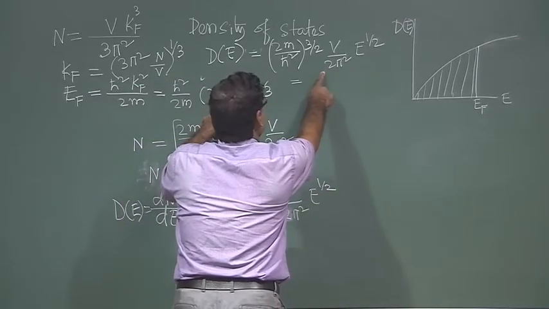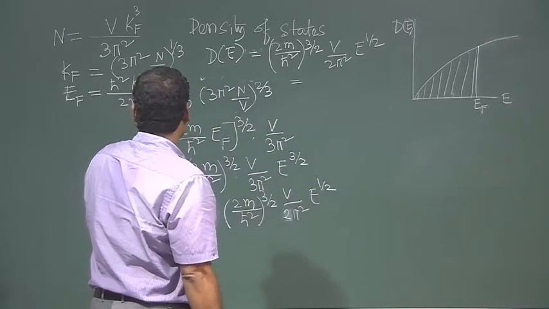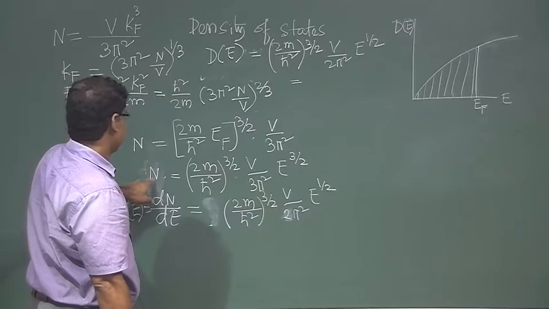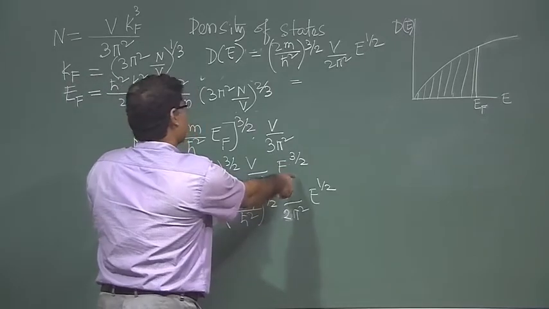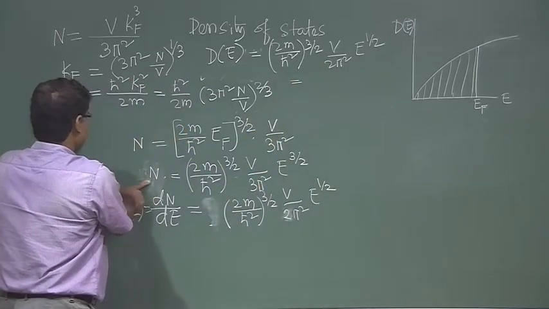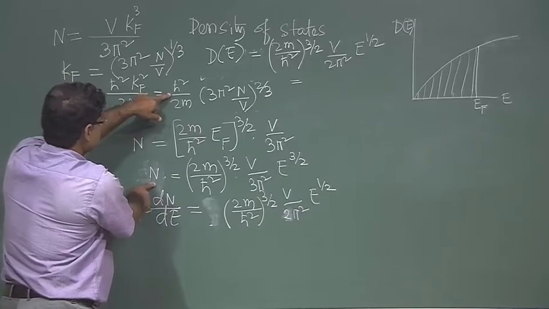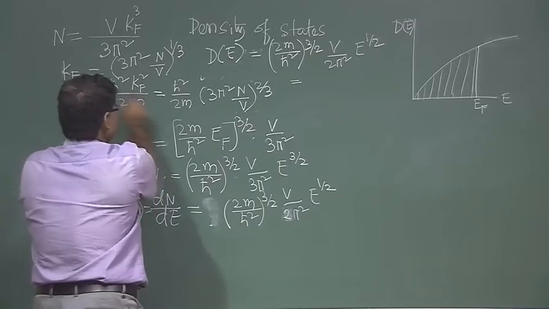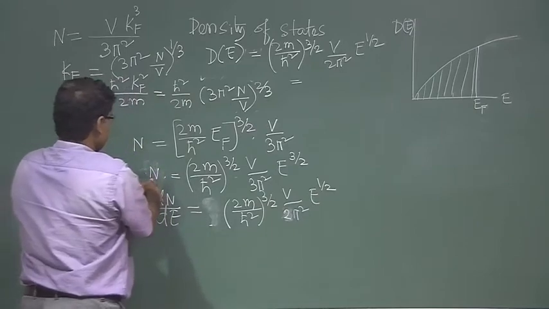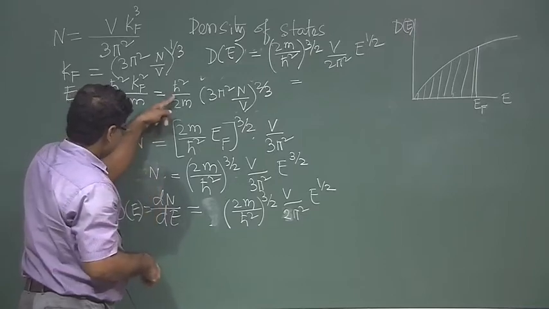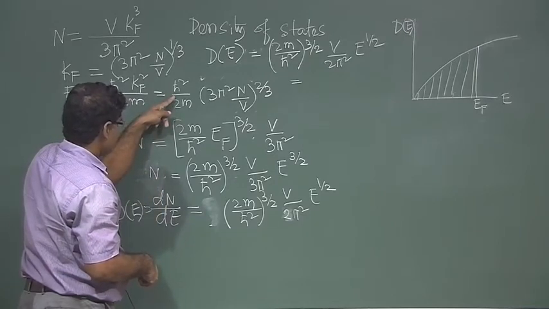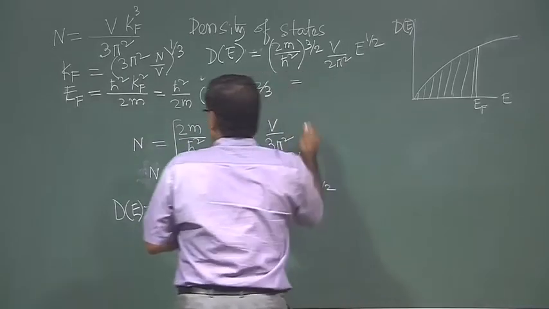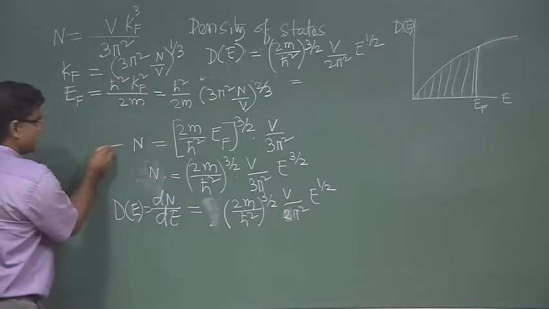So if I want to write in terms of n and this Fermi energy, what other way can one do?